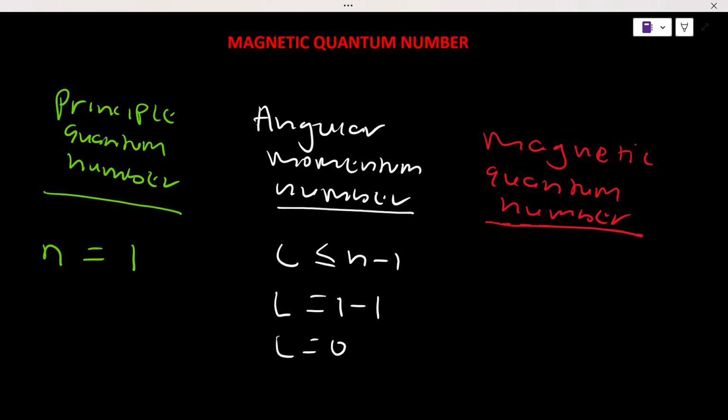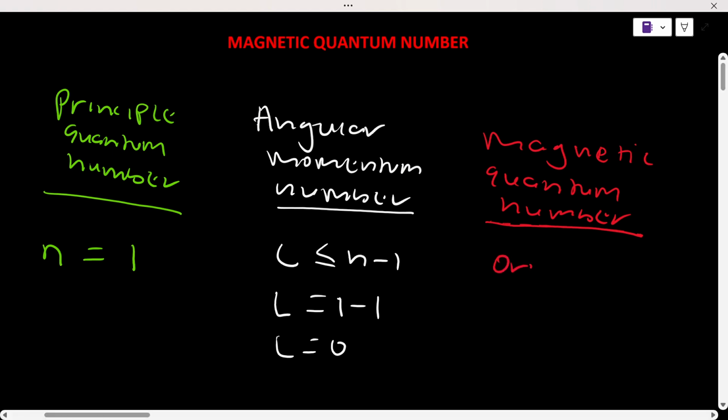It gives us the orientation, and it divides subshells into orbitals.